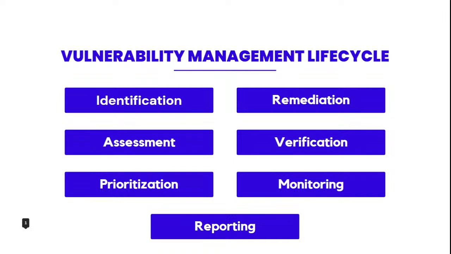So for that you should know risk management. Risk management, or the CVSS score, comes in at the assessment and prioritization stage, which helps you prioritize a vulnerability: whether it is very critical, whether it can be ignored, or whether it is just a false alert.